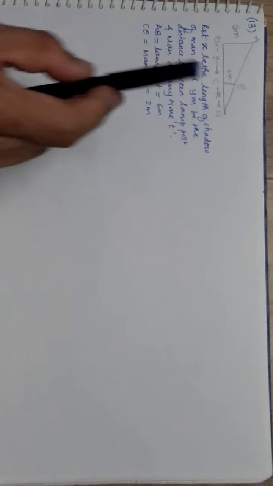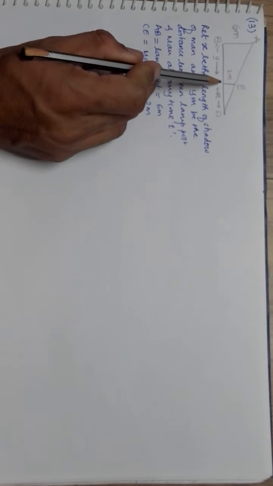So the question says the rate at which the length of shadow is increasing. That means you will have to understand what is the given part and what you have to find. He says that the man walks at a uniform speed of 6 kilometers per hour away from the lamp post. Right now he is standing here, he moves away.